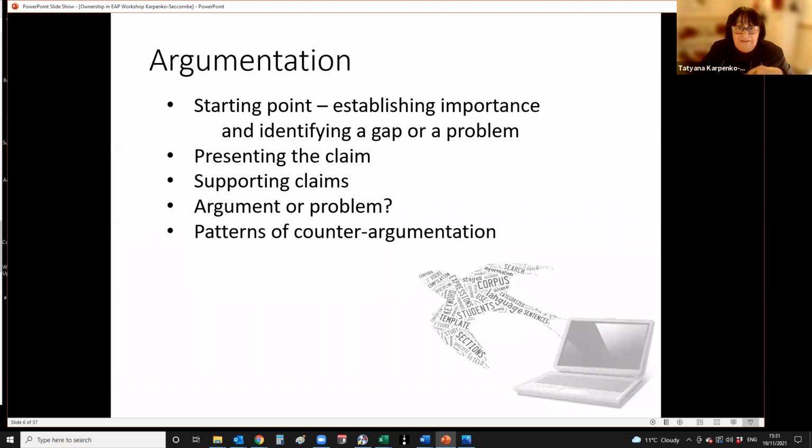And then if we have time, I will talk a little bit about evaluative language, but I really don't know how long it will all take, so I planned quite a lot for today. Maybe we won't be able to look at everything.